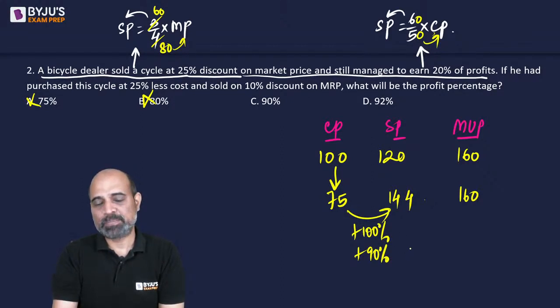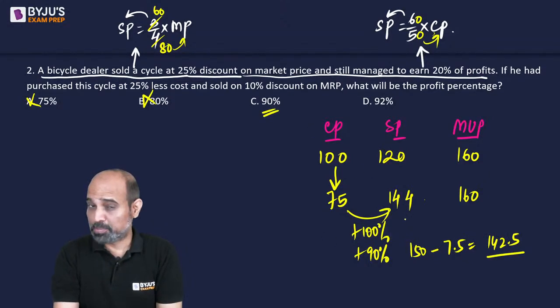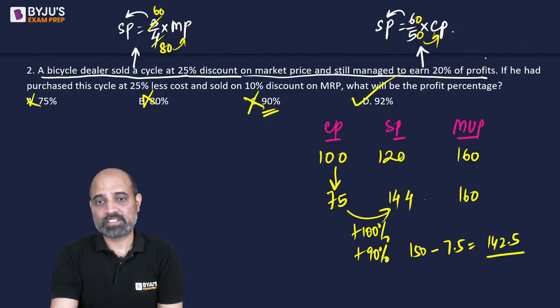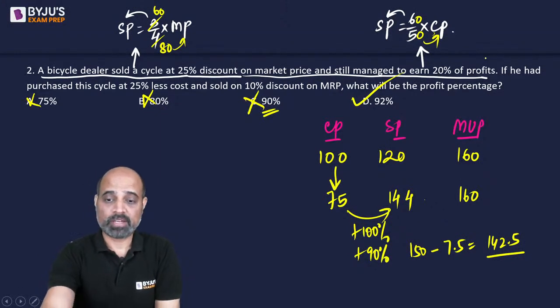So can I say 90% will be 150 में से 10% कम? So it's going to give us 142.5. So 90% increase should have resulted in 142.5, but we have 144. So definitely 90 नहीं है. It's going to be more than that. I did not solve 92. नहीं है मेरे पास उतना टाइम. Okay?